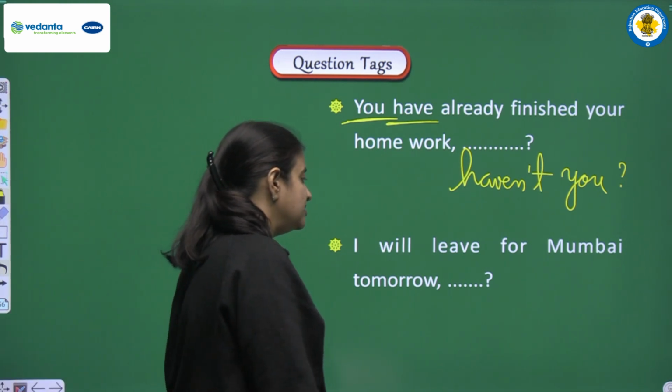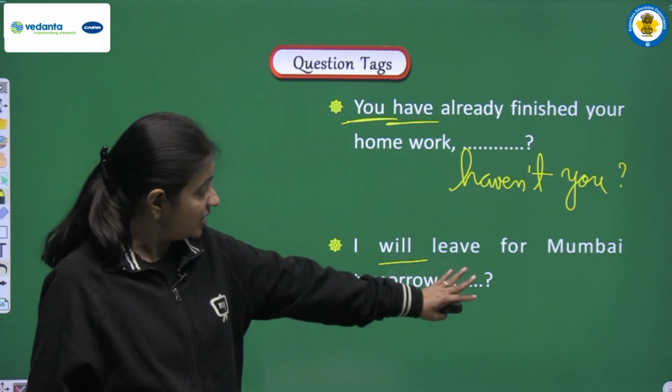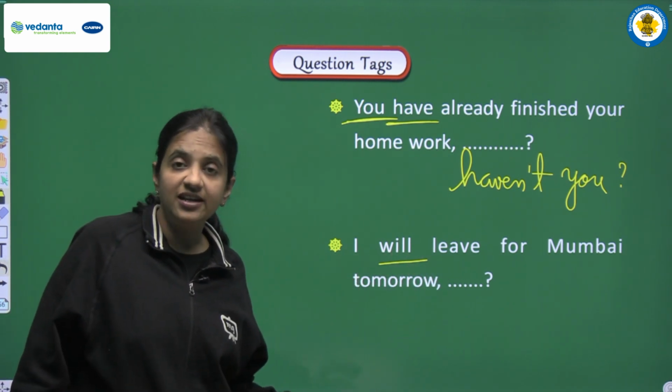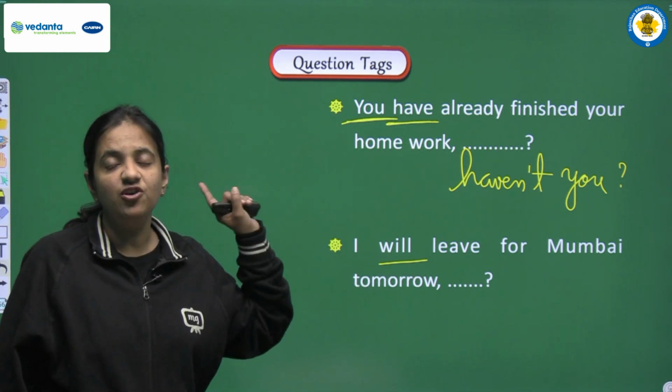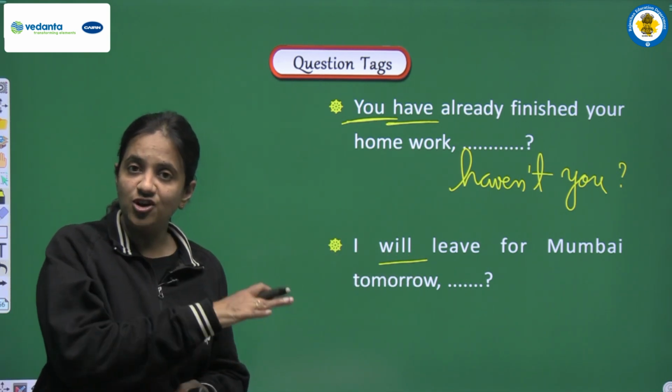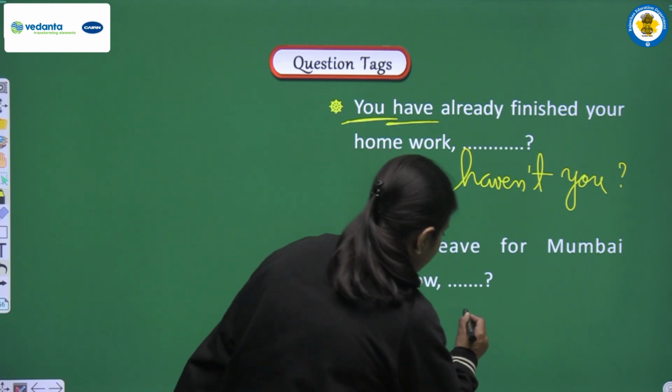Next one, I will leave for Mumbai tomorrow. So in this sentence we are having will as the auxiliary verb, and we can observe that this is a positive sentence. So the question tag will be negative. So now we will write will plus not in a short form. So will plus not will be won't. So I am writing won't.